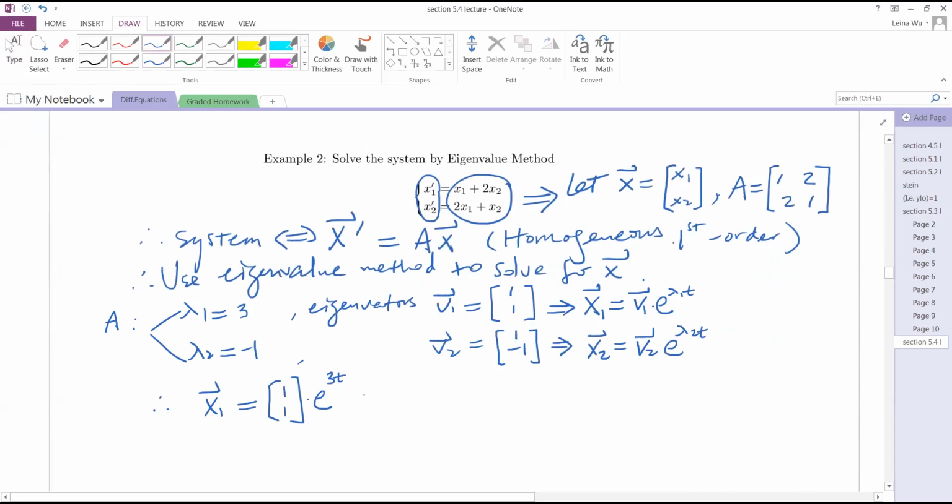You can multiply e to the 3t into these two components, so you have e to the 3t, e to the 3t.